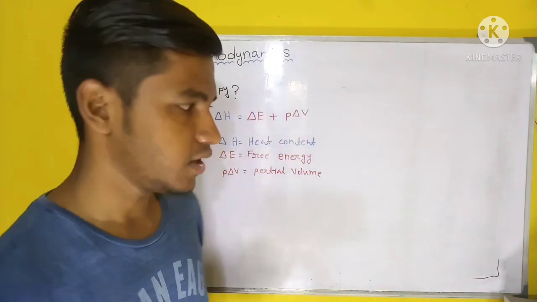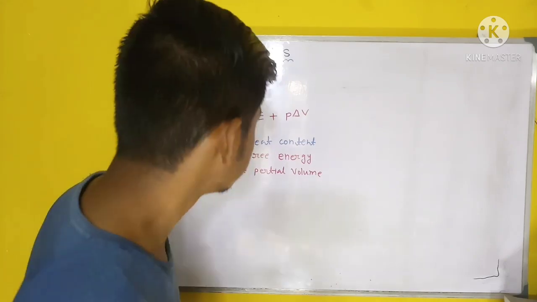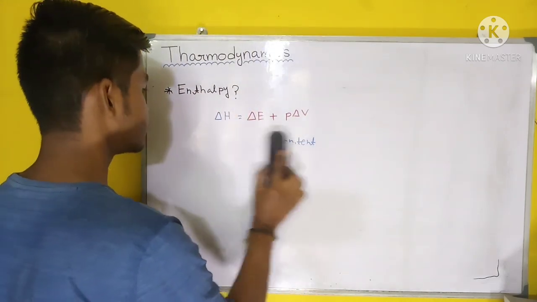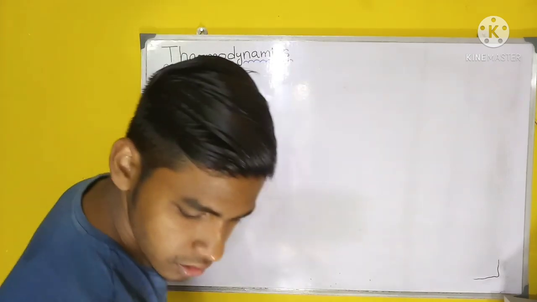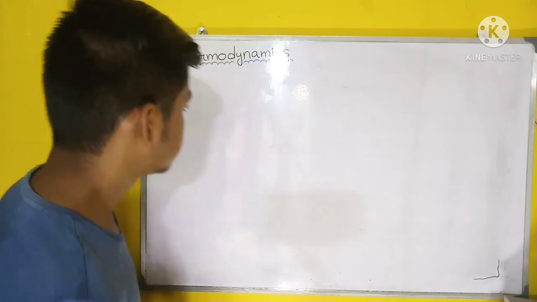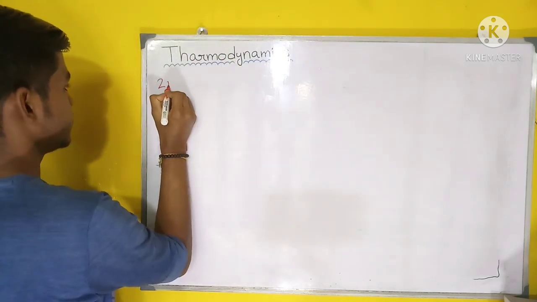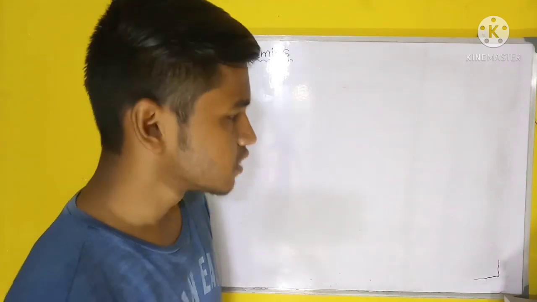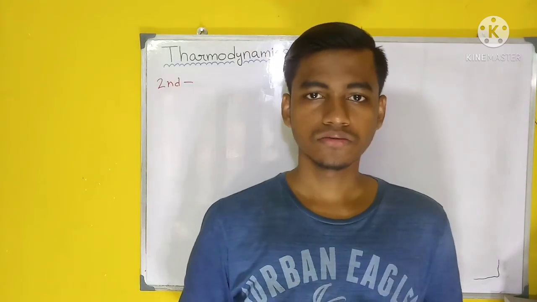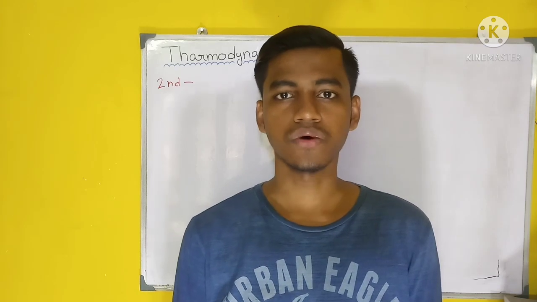Okay guys, now we'll move to the second law of thermodynamics. In the first law we talked about how energy can neither be created nor destroyed, which means the total amount of energy is constant.